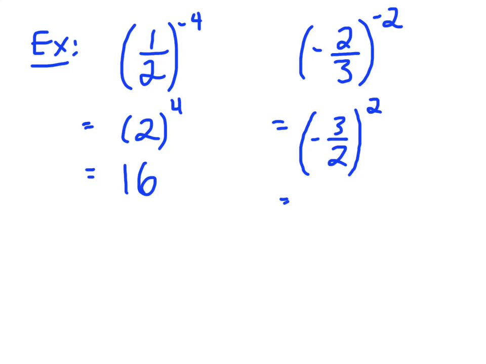Basically, what you end up doing is squaring each of these numbers. So you end up with negative 3 squared over 2 squared. I just put the negative in the top to simplify it a little bit, and that becomes 9 over 4. So make sure you remember that if you have a square or even exponent, your answer is going to be positive.